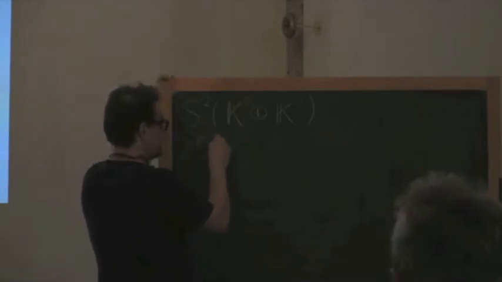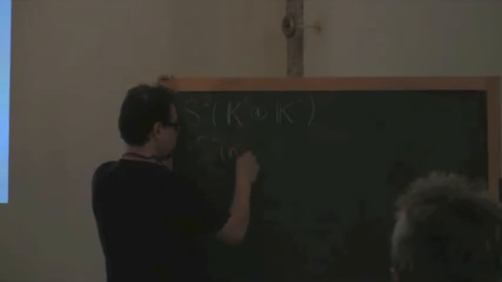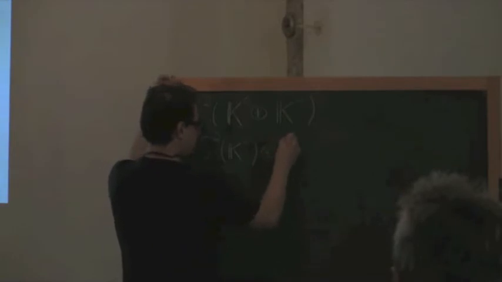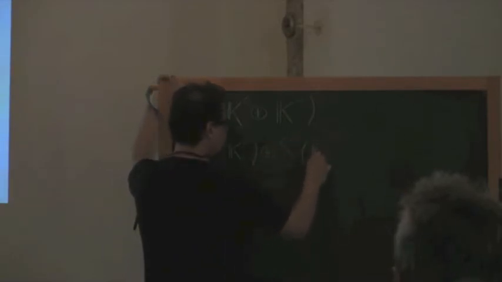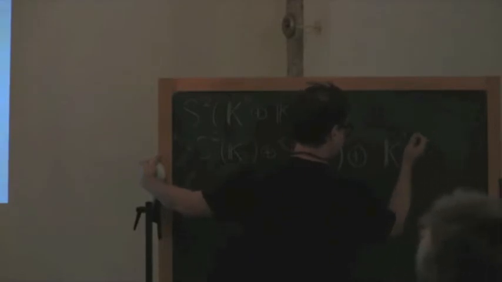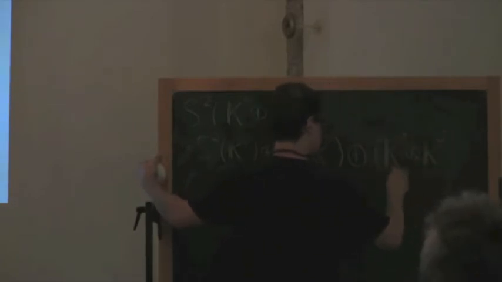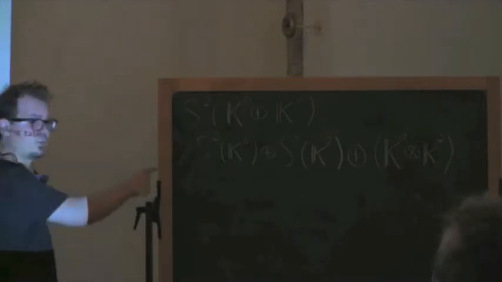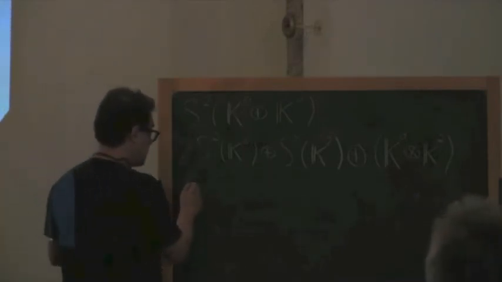I give the formula. This is equal to the symmetric product of K0, plus the symmetric product of K2, plus the non-symmetric product of K0 and K2. That is a tensor product. So I get three terms, and it's very quick to use this rule to compute each term.